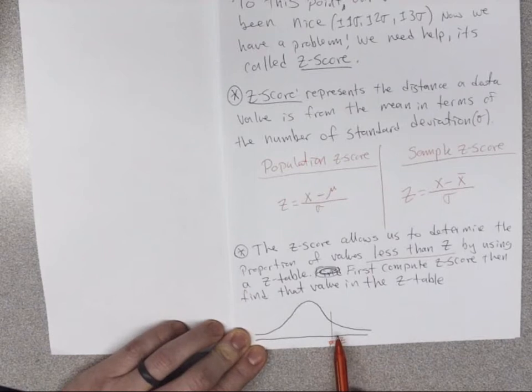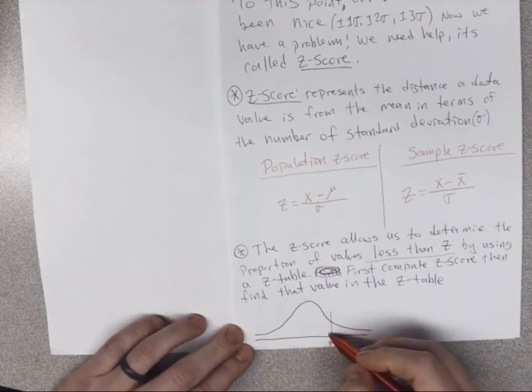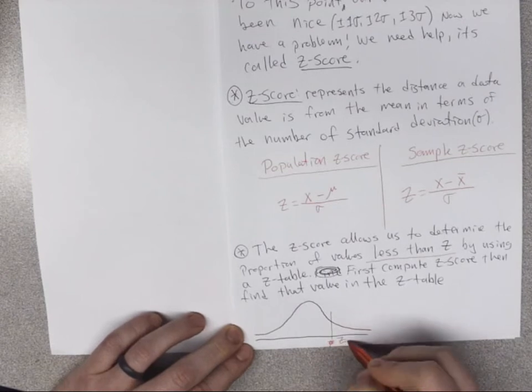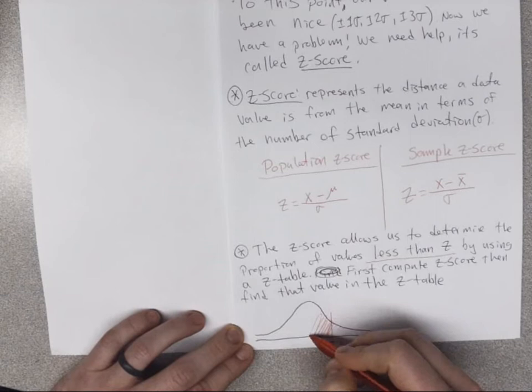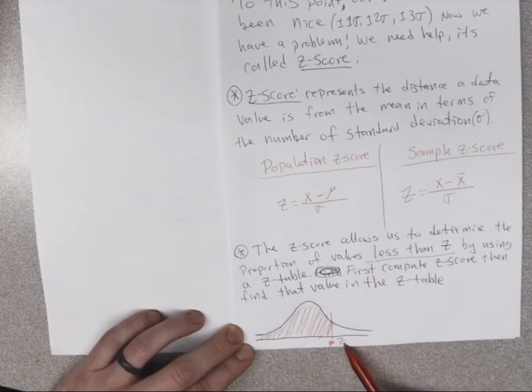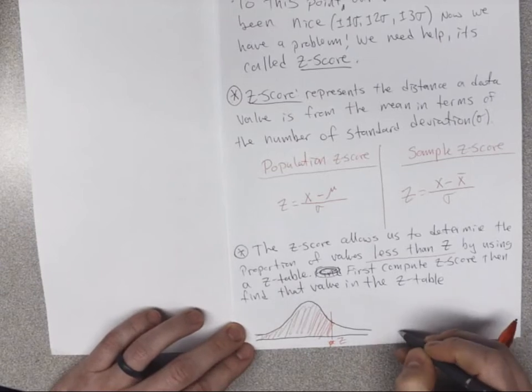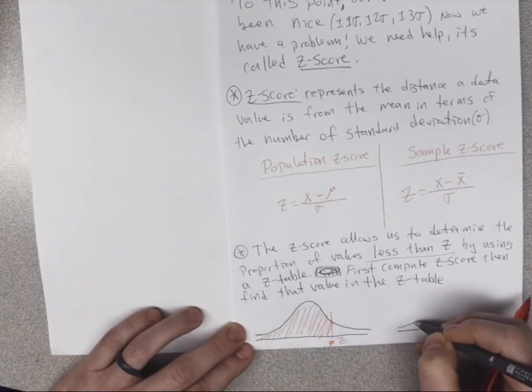All right. Now we computed z using these formulas up here. And now when I find z and I look that value up in this special table, it tells me the probability that it's less than z. So when you find a z-score and you look it up in the table, it's telling you the probability of everything less than that. And you could be on either side of the graph here.